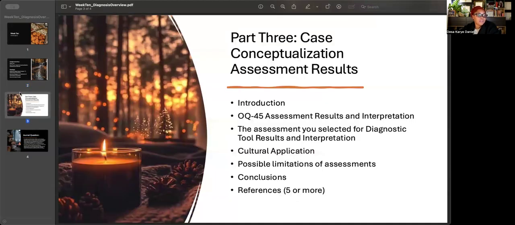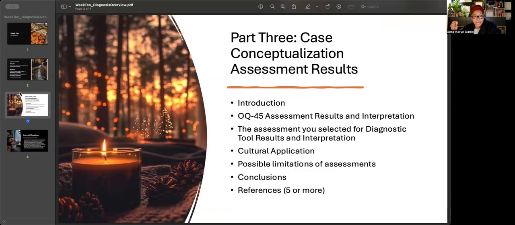For the actual assignment, case conceptualization assessment results, you're doing a brief introduction overall. You should have given your OQ45 part 2 by now. You are going to include the assessment results and interpretation. You then are going to talk about the assessment you did in the last assignment and the OQ45.